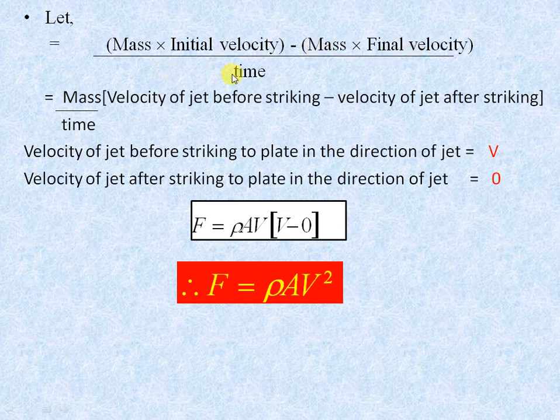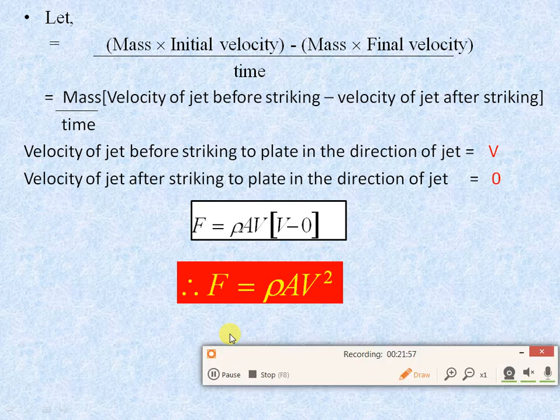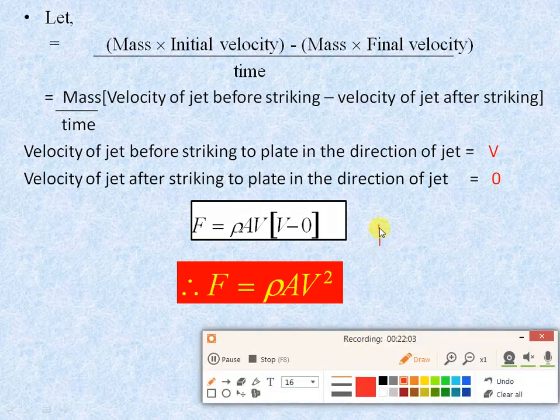We know that the initial velocity is v. So we can write F is equal to m, which is nothing but rho A v, in the bracket, initial velocity v minus final velocity 0. So v minus 0, we get v.